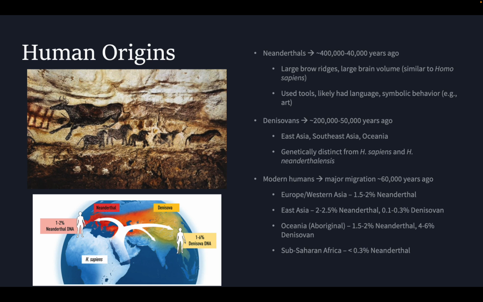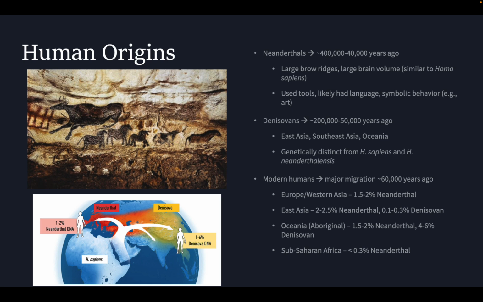The other group of humans that lived at the same time as Homo sapiens are the Denisovans. These we know less about. They were discovered more recently, but estimates are that they lived between 200,000 and 50,000 years ago.